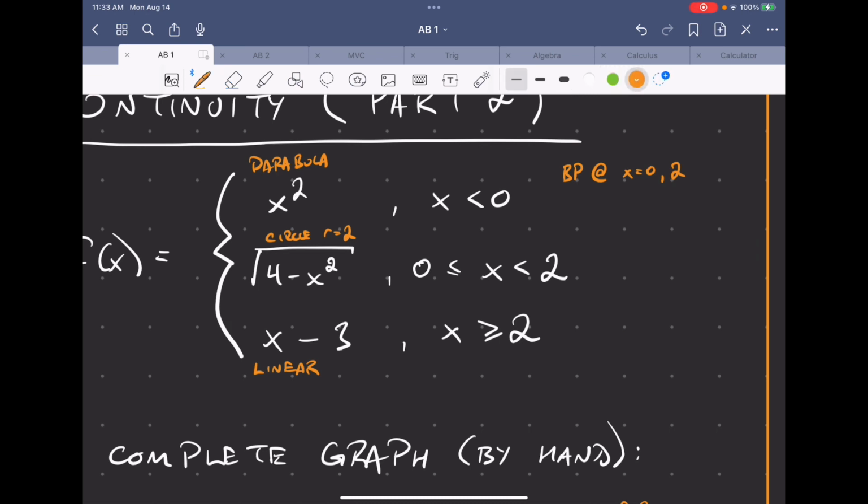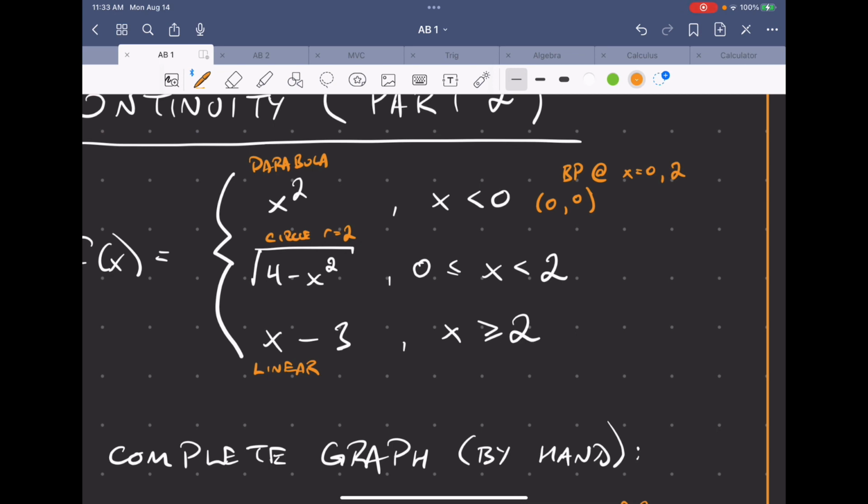I'm just going to plug my x value into all of these functions where it's defined at the breakpoint. For the first one, the breakpoint is at 0, so x is less than 0. If I plug in 0, 0 squared is equal to 0, so my y value would be 0.